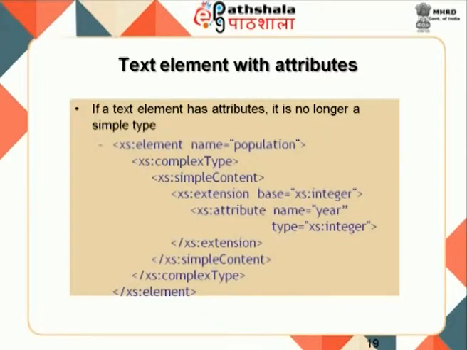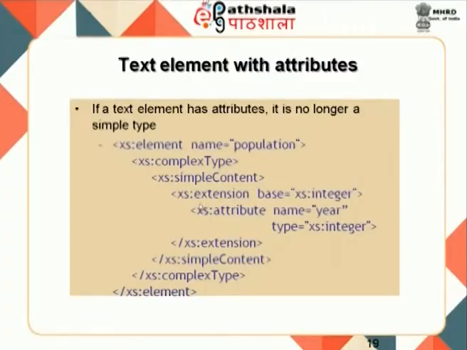And now if a text element has attributes, it is no longer called a simple type, you call it a complex type. So you have to define it as a complex type. So here the element is population, and you define it as a complex type because this element population has got an attribute.